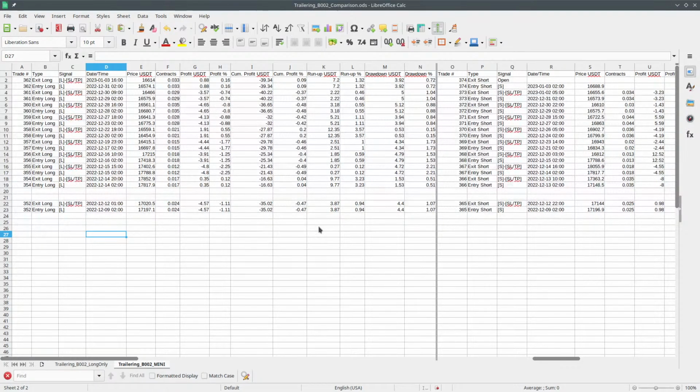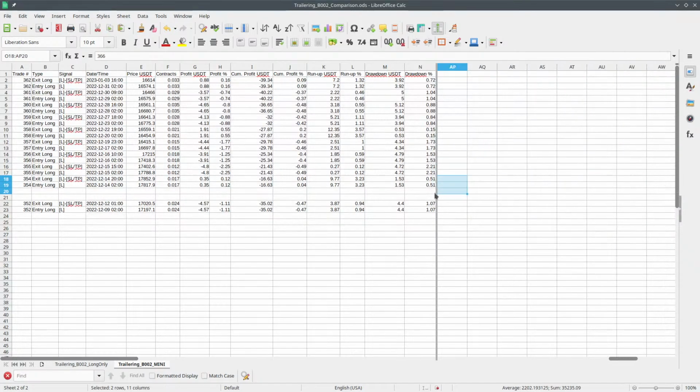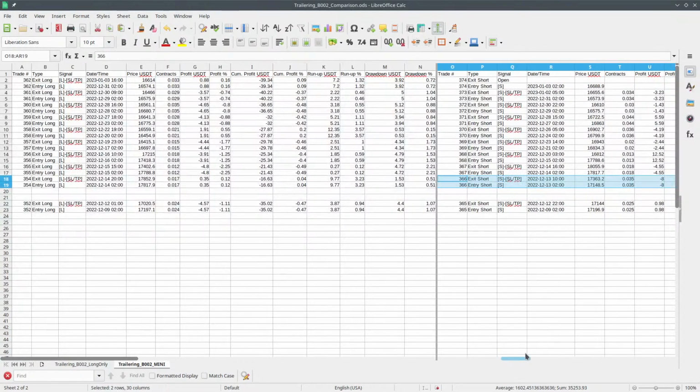Okay, so if we don't have it, we could start at 13, but the way this stupid backtest works, I cannot have exactly the same trade, so I should also be removing this line here, which is the one with 13.